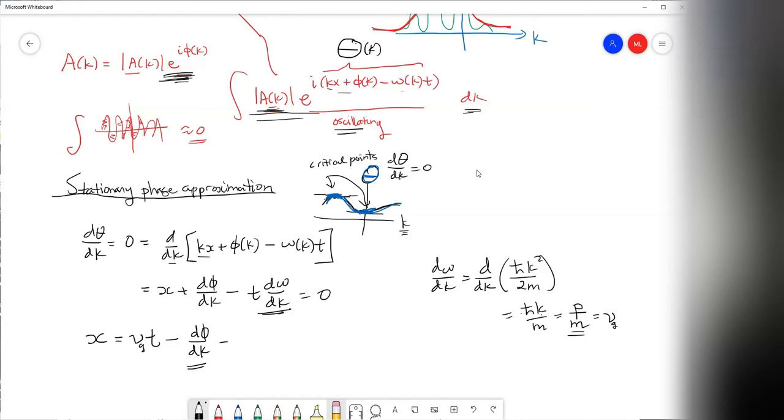So this I can rewrite as v_g times t minus some tau, some time, where tau is just 1 over v_g times d phi dk.